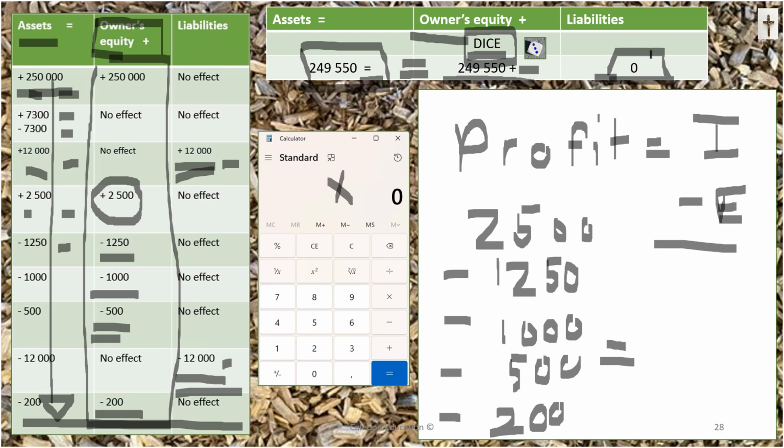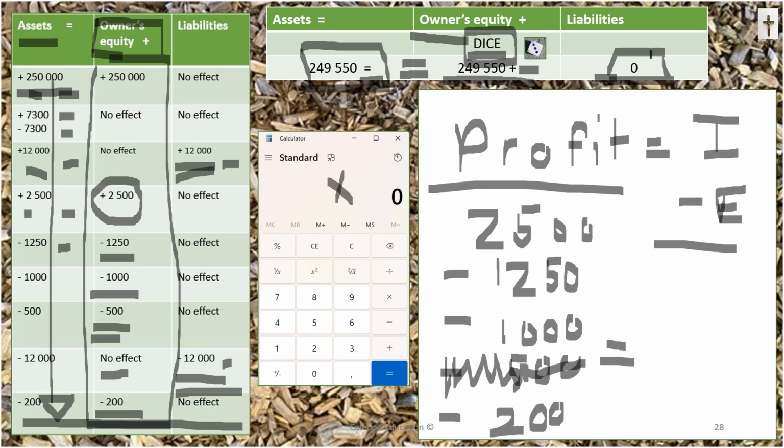Drawings should not be included in the calculation of the profit. It's easy to make a mistake, especially when there are a lot of numbers flying around. That's why you need to know how to calculate profit.